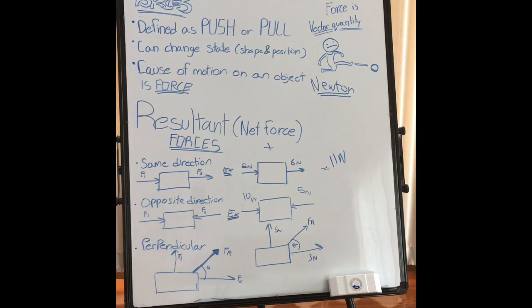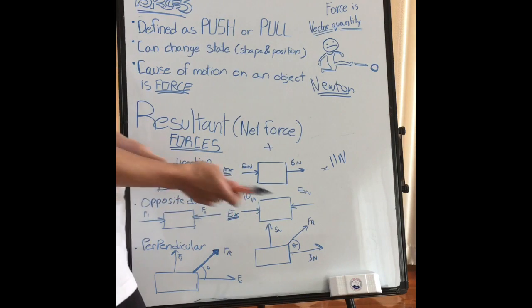The second is opposite direction. If F1 acts on the right and F2 acts on the left, we need to subtract. For example, 10 Newton to the right, 5 Newton to the left.